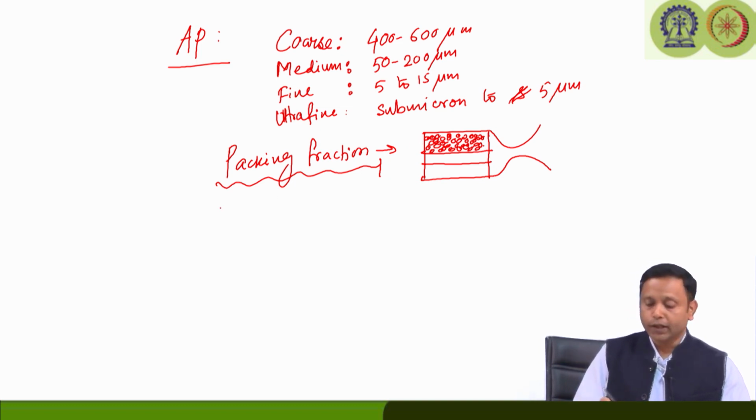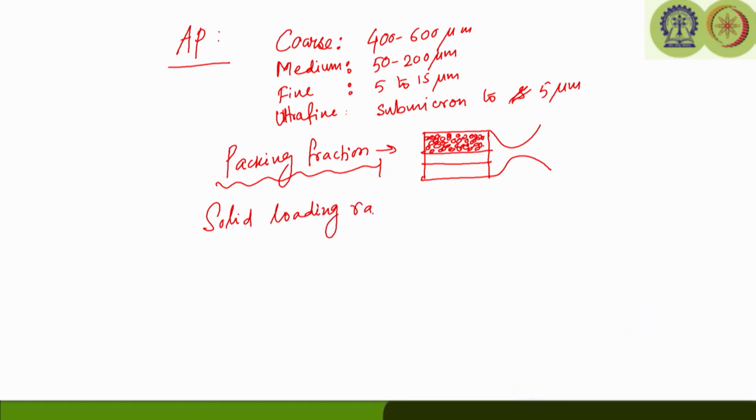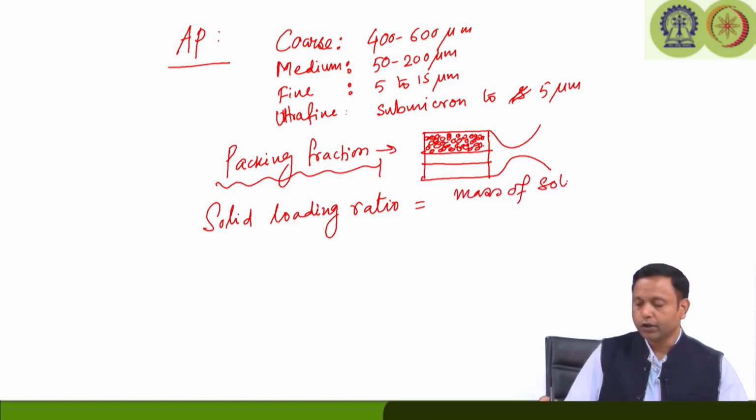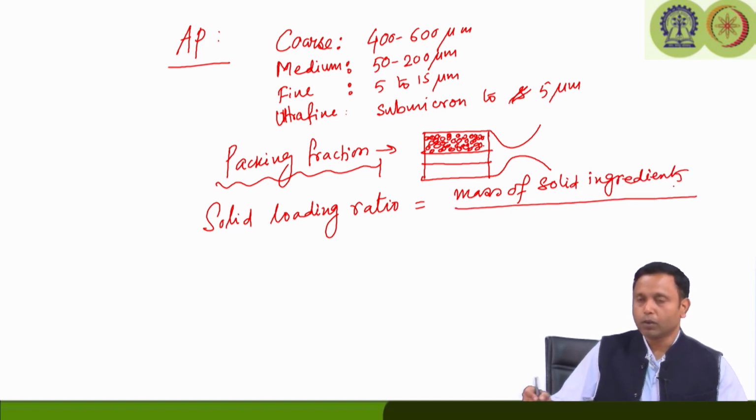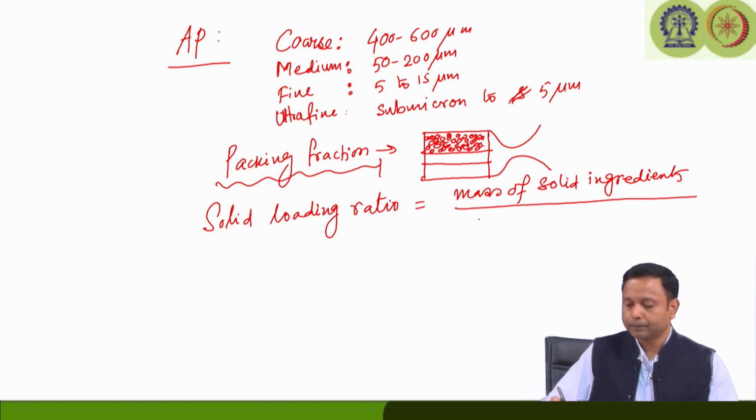So, if we look at the solid loading ratio, by definition it is the mass of solid ingredients divided by the total propellant mass.